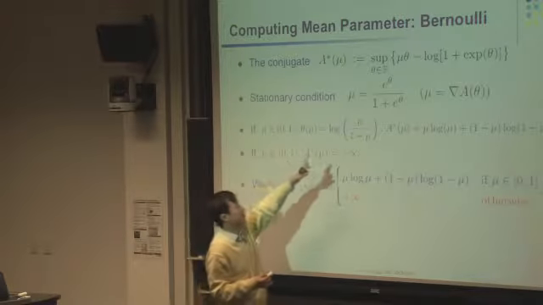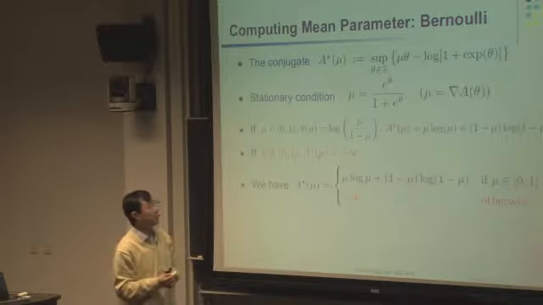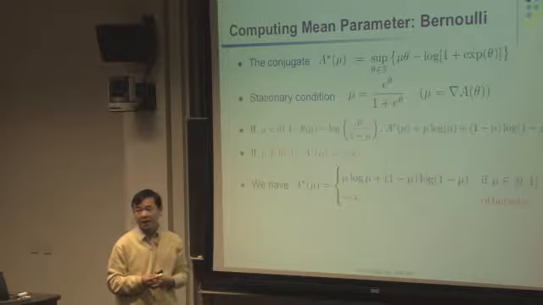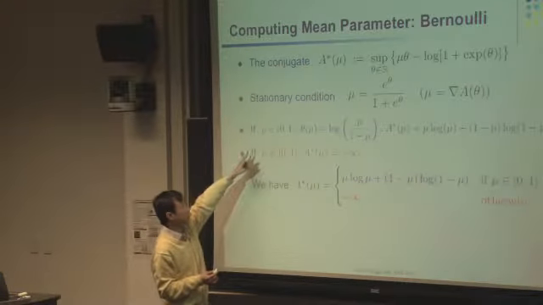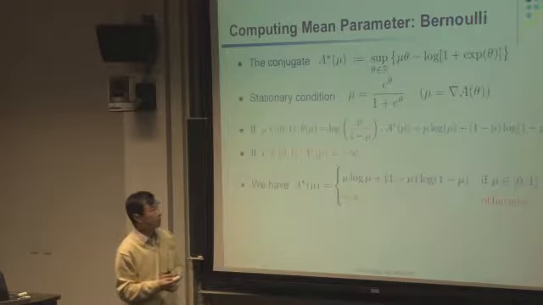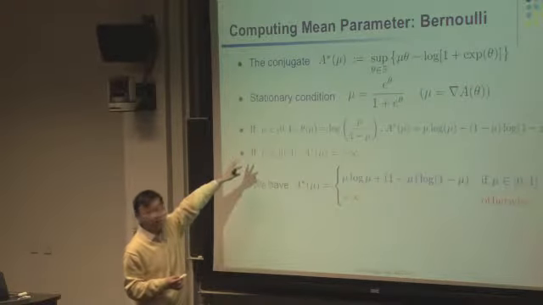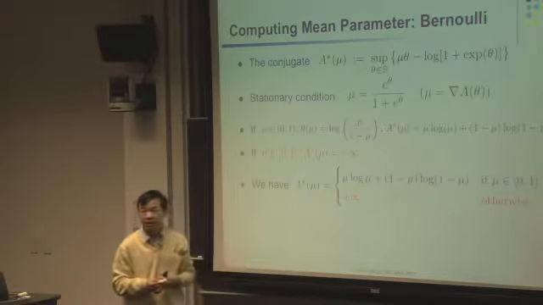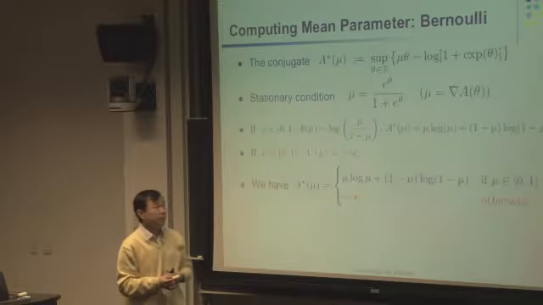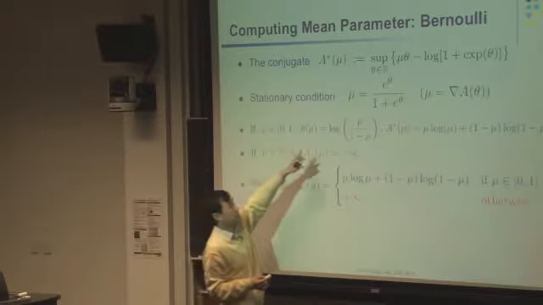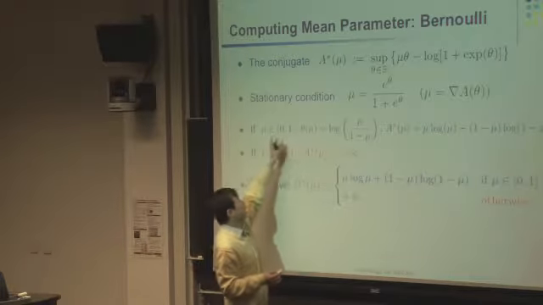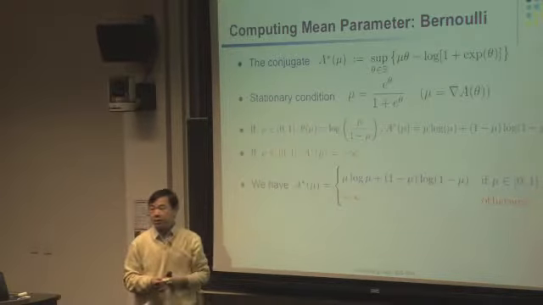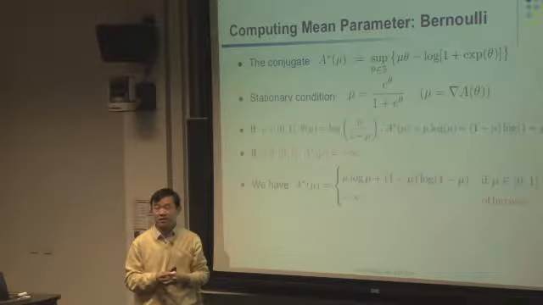Once you solve that, you can realize that mu has to satisfy some conditions. For example, you can easily derive that mu must be within 0 and 1. And if that is satisfied, then you can invert the function to get theta expressed as a function of mu. You could also say that I do this transformation first, and from here I get the conclusion that mu must satisfy something.